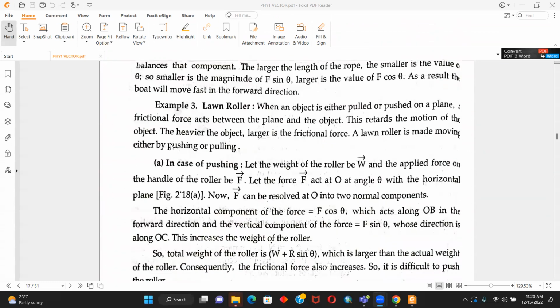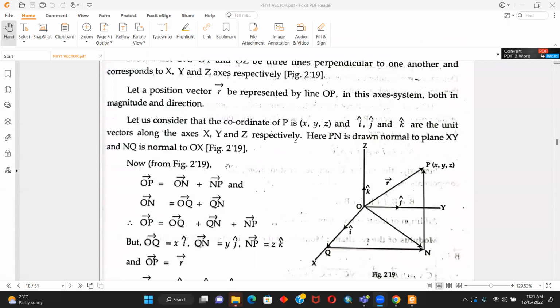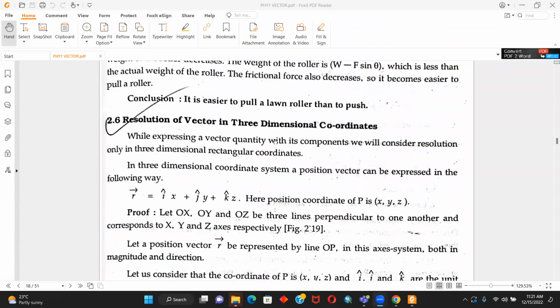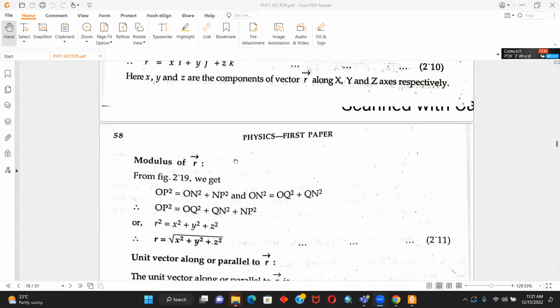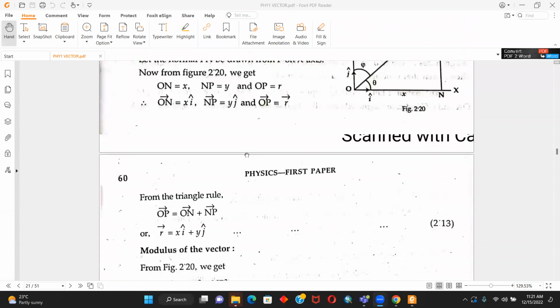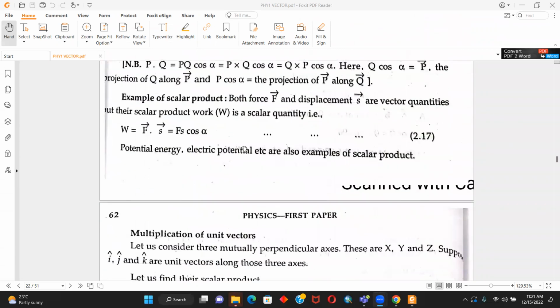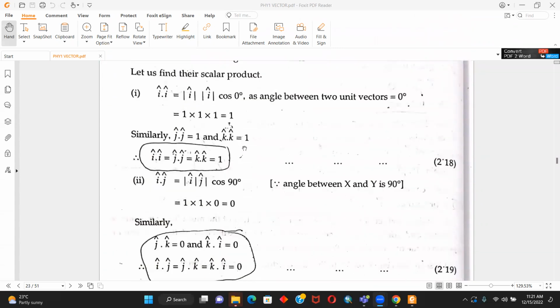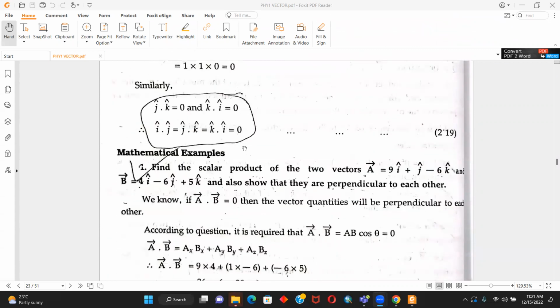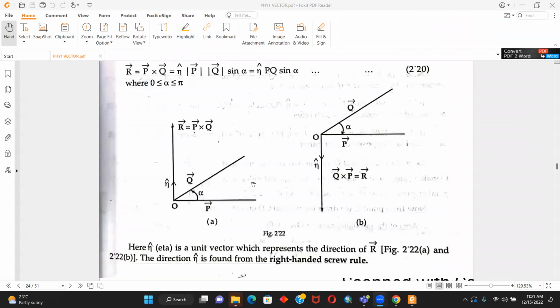We are mostly done with the important topics, and then we will see the three-dimensional coordinates of vectors. Dot products and cross products are mostly important for mathematics, but we will see somewhat in the physics as well.